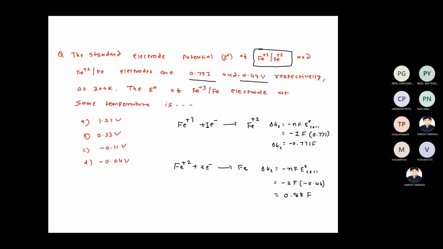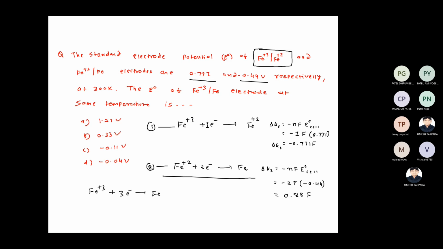Good. Your target is to calculate E cell for Fe plus 3 to Fe. Now, how do we get this equation from the above two, by subtraction or by addition? What happens? This is 1 and 2.